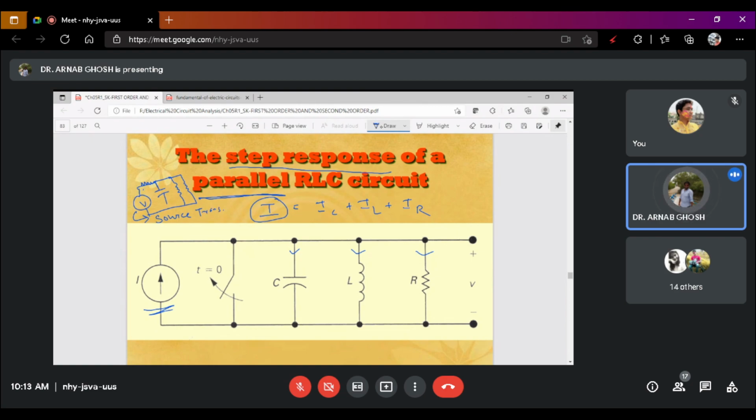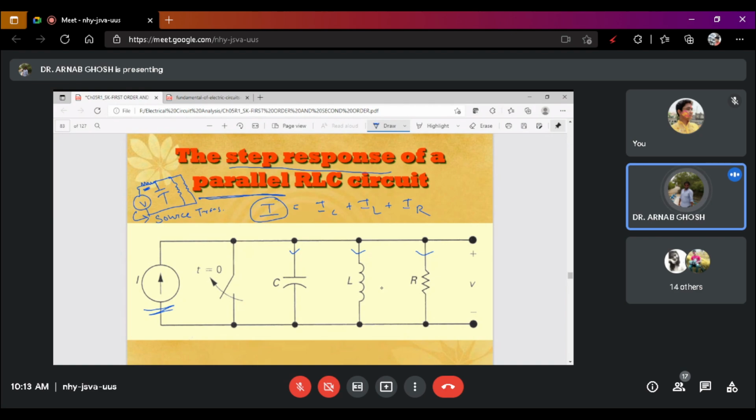If no resistance is given, the voltage will be the same across all the branches. So you calculate C dV by dt, 1 by L integration of V dt, and V0 by R, and you get the individual currents.